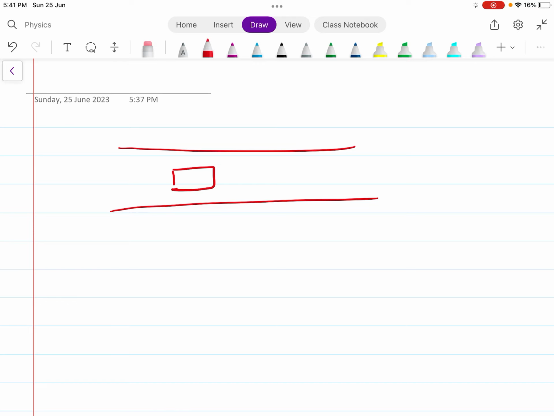So first thing, if you travel in this direction, let's call this upstream. Upstream is actually going against the current. The current is x kilometer per hour. Since you're going upstream at a speed of 6 kilometer per hour, what is the speed of the boat upstream in terms of x?